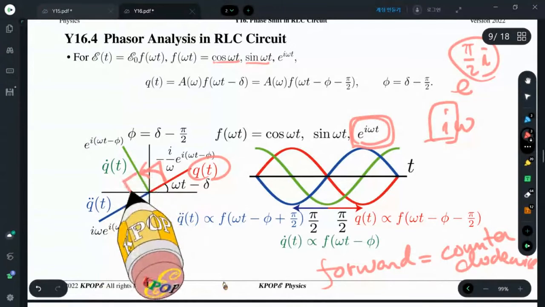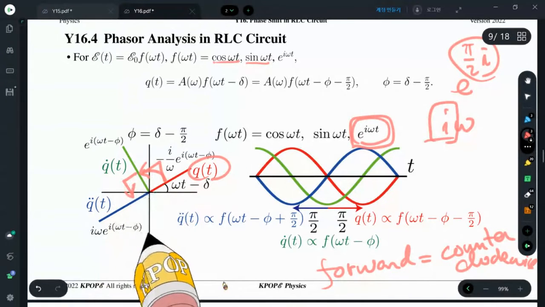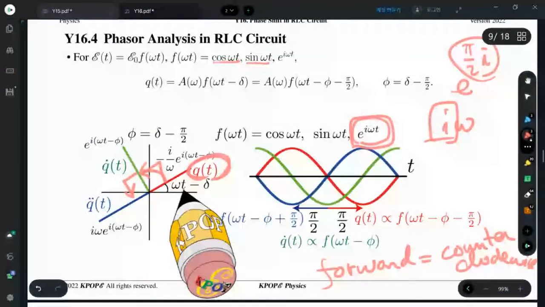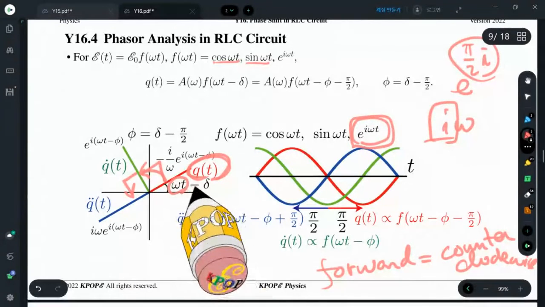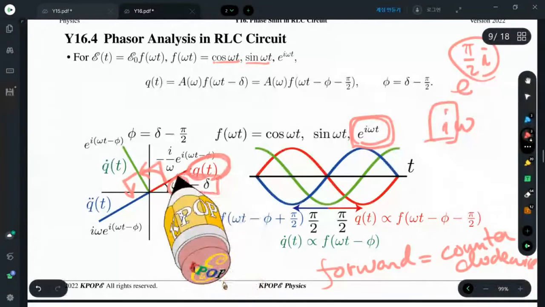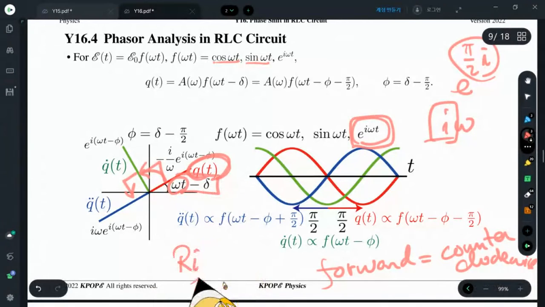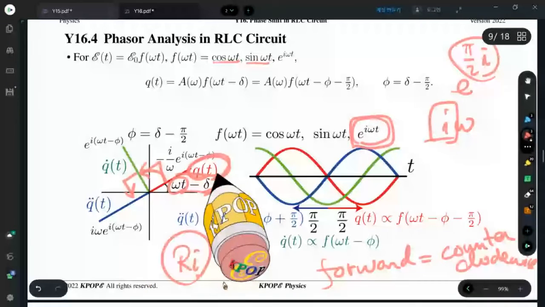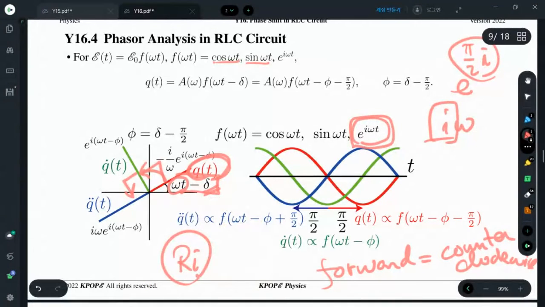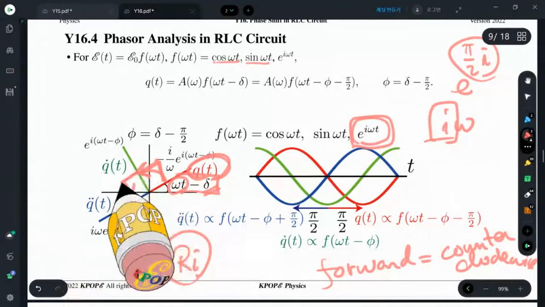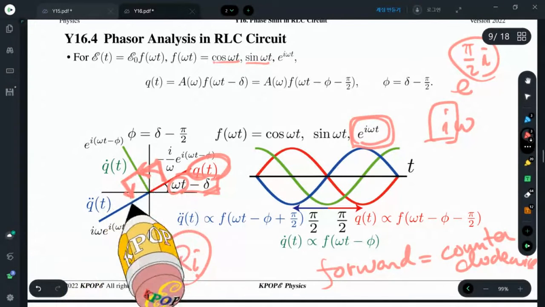If you take another derivative, half a pi forward. Originally, your answer must be delayed by minus delta due to the Ri term. This one brings in delta for the charge Q. And the current, half a pi forward, and the time derivative of current, half a pi forward, and so on.